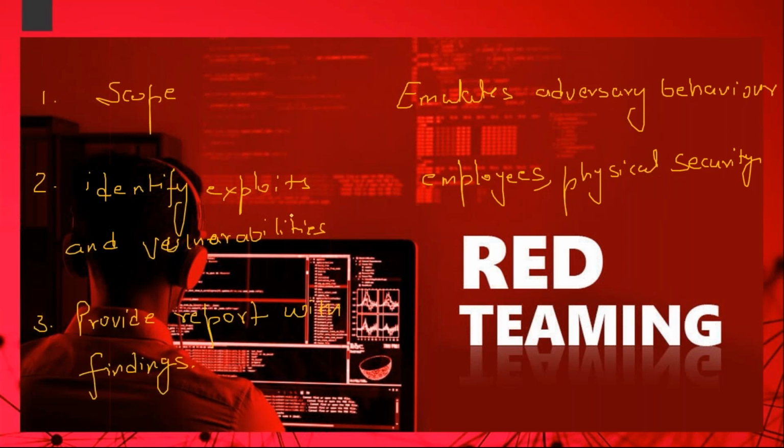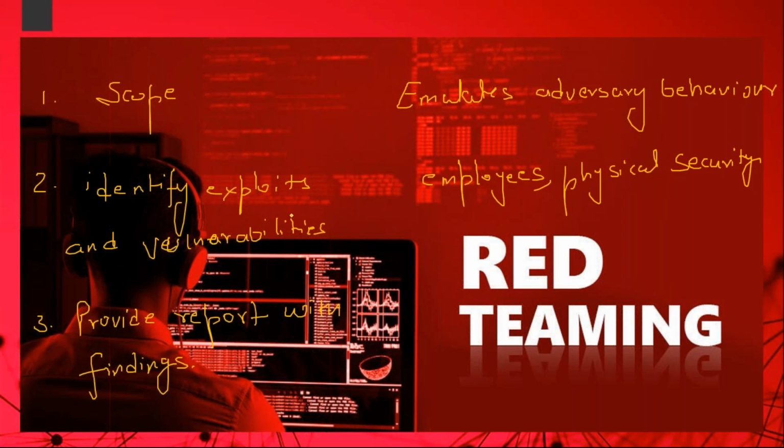Now the thing is, guys, when we talk about reporting, what happens is the time frame. Let's talk about the time frame in red teaming. Penetration testing is carried out for around 3 weeks, 4 weeks, kind of thing, right?